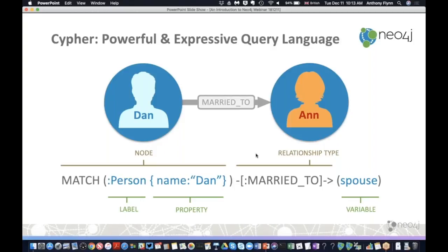So data nodes here are represented in round brackets, and the relationship type then is modeled as an arrow relationship. So it's a very intuitive, very quick to pick up kind of query language, and also very expressive. You can often write the equivalent of hundreds of lines of SQL code in a very few lines of Cypher.